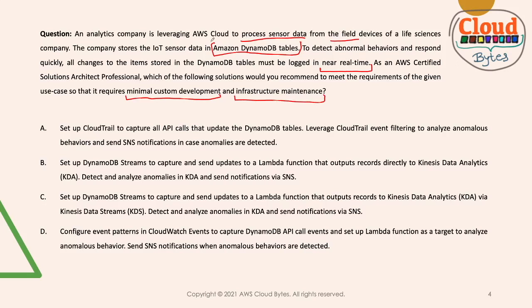We are looking for IoT data, which is clearly mentioned here, and sensor data is basically IoT data only. It is stored in DynamoDB tables, and we need to check for abnormal behavior and respond quickly, as soon as maybe it is in near real time.